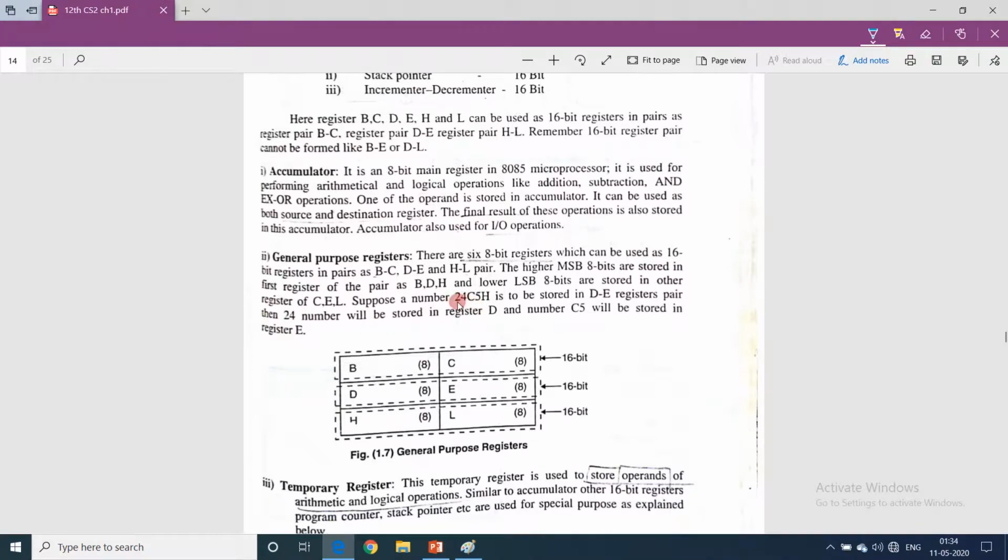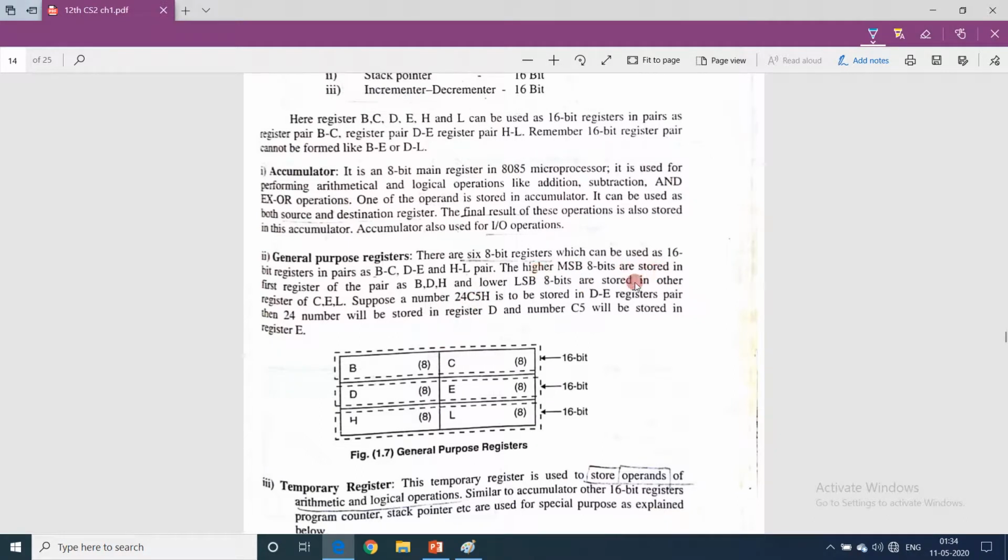So 24 is the most significant part and C5 is the least significant part. Each digit in hexadecimal represents 4 bits, as I have already explained. So these two digits represent 4 plus 4, 8 bits, and these two digits represent 8 bits.